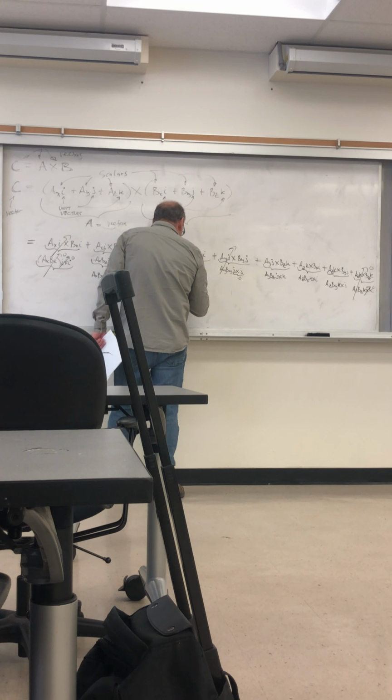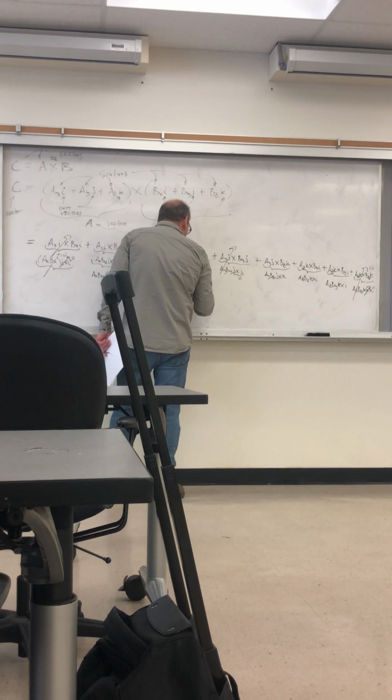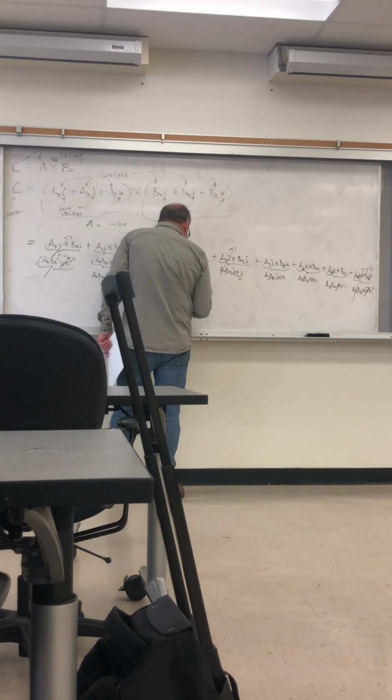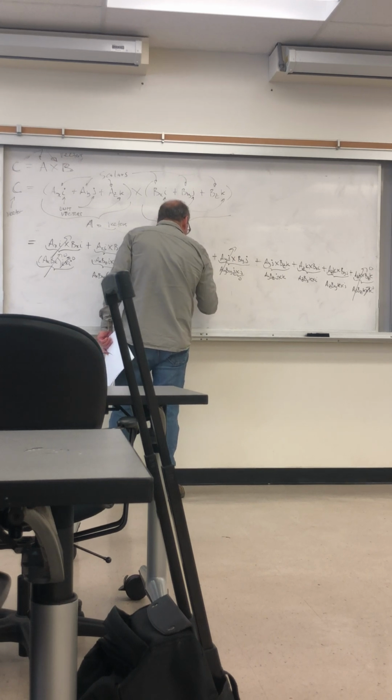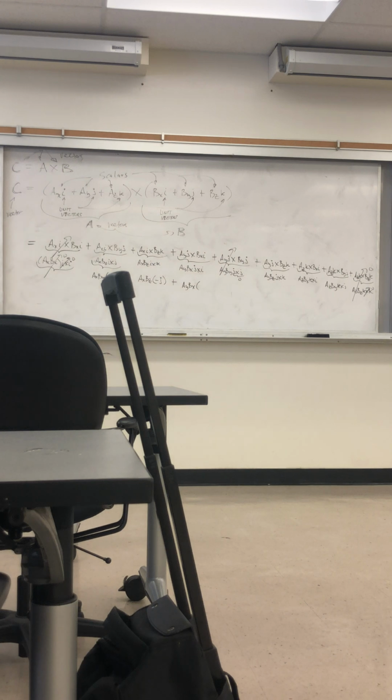Plus a y, b x times j cross I. J cross I is minus k.